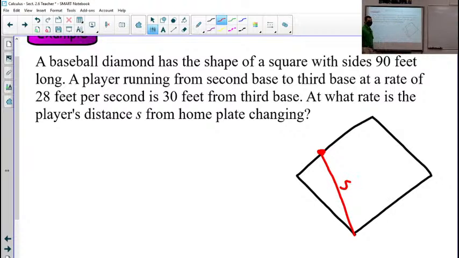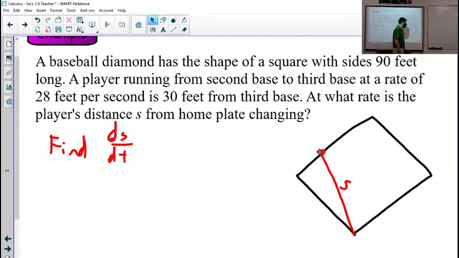We're asked to call that distance S, so I'm going to call that distance S. We're asked at what rate is that player's distance S from home plate changing. So we're trying to find dS/dt.